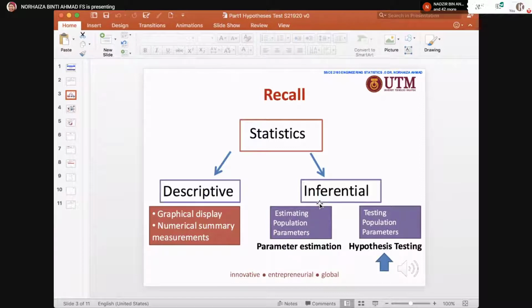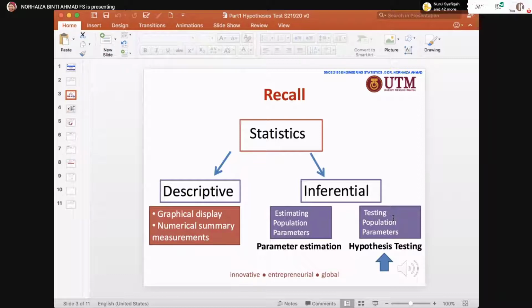Now in chapter 4, we're going to test the population parameters. Therefore, we would have a guess of what that population parameter is, and we want to test it. For example, if somebody got caught by the police, he will be judged by sending him to court.